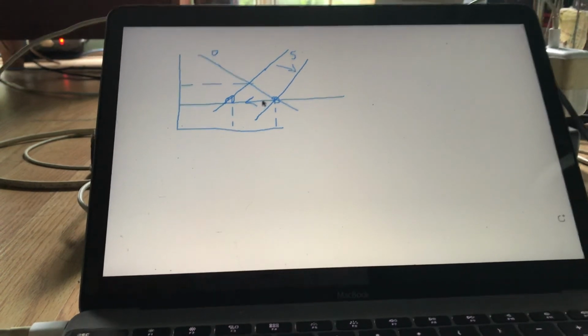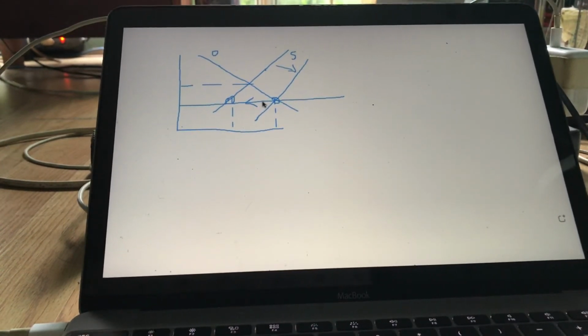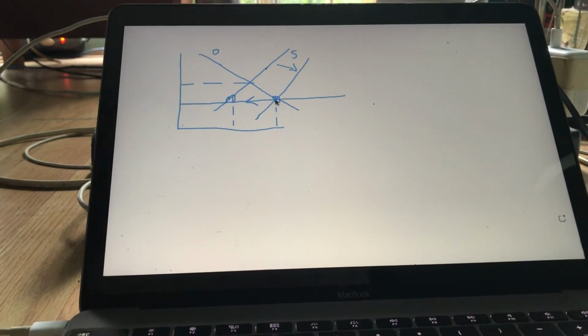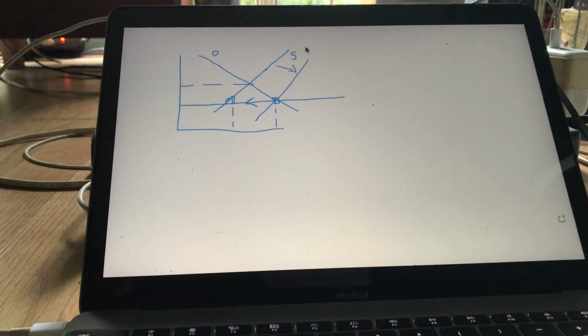So in the fixed exchange rate regime, when the central rate is less than the equilibrium rate, okay, we have the situation on the board, right? Yes. So we have this level.